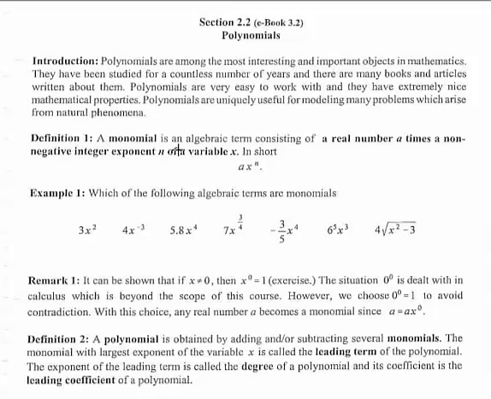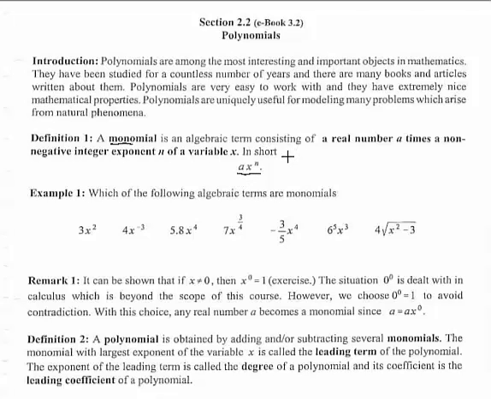And our first definition is referring specifically to a certain type of polynomial, a monomial. Notice the prefix mono, and that simply refers to the fact that this particular type of polynomial has one term.